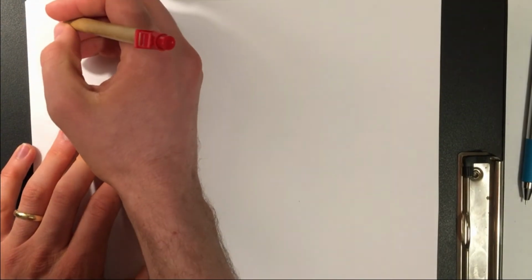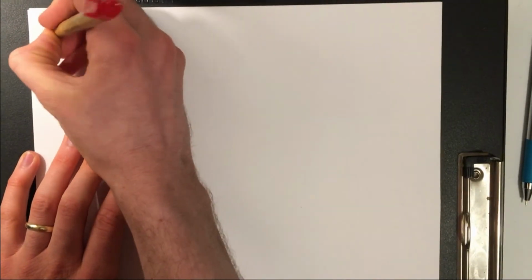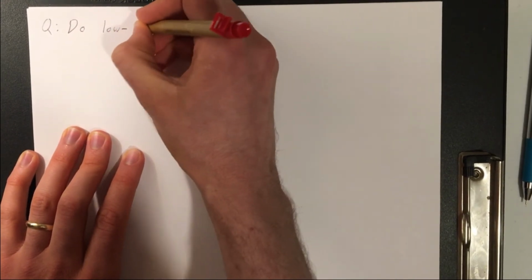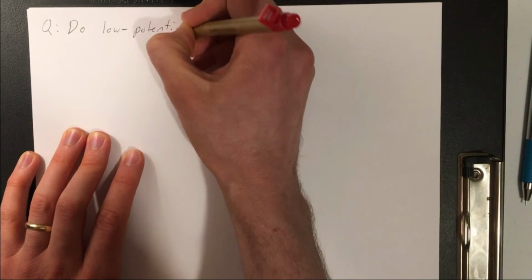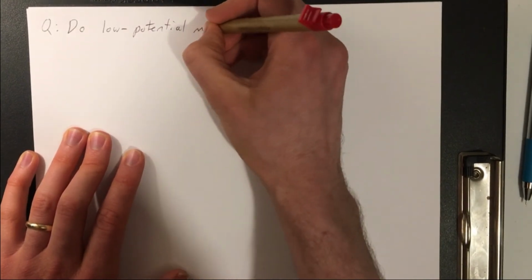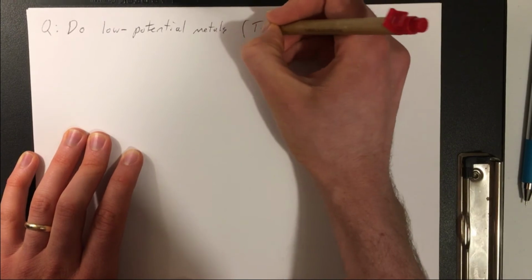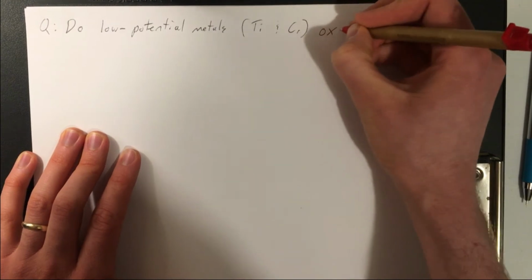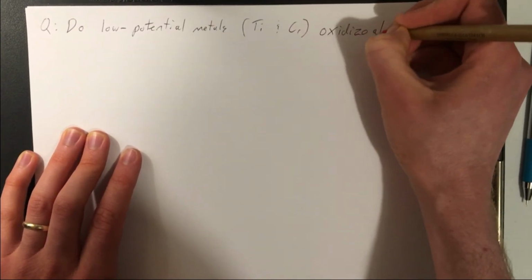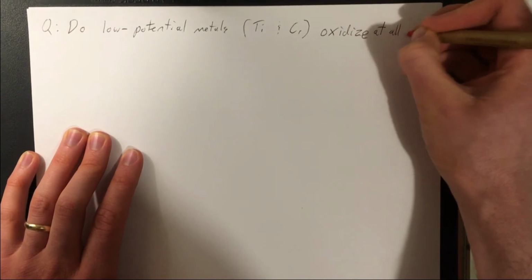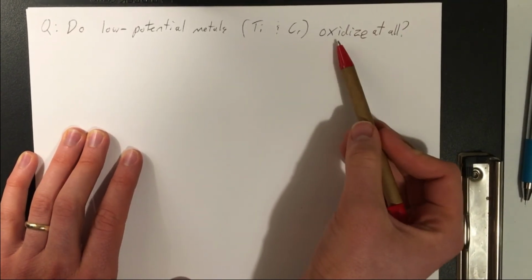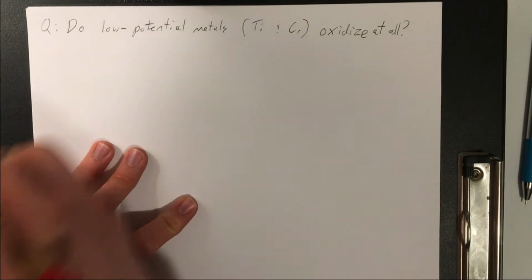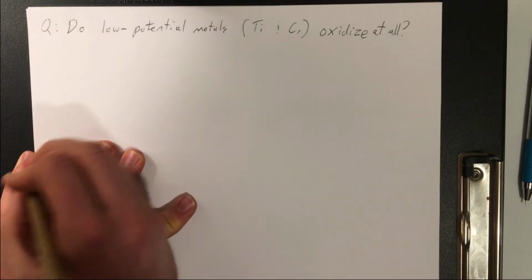So my question is, do low potential metals such as titanium and chromium oxidize at all? Right, like if we don't notice very much rust, very much corrosion, is it that they're not oxidizing at all, or is it something else? So ponder that for a moment.